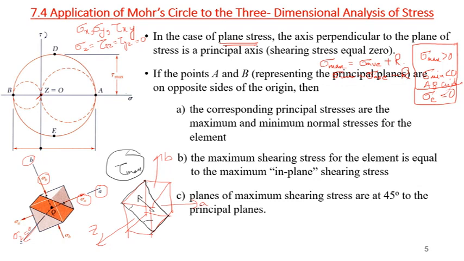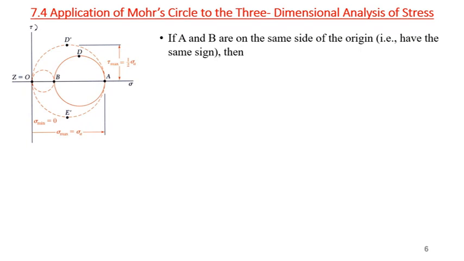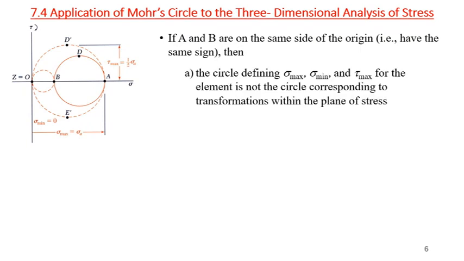Now, if we consider the second possible case for plane stress, where sigma z, tau xz, and tau yz are equal to 0 and we have a non-zero state of stress, we know that sigma maximum is equal to sigma average plus radius, and sigma minimum is average minus radius.